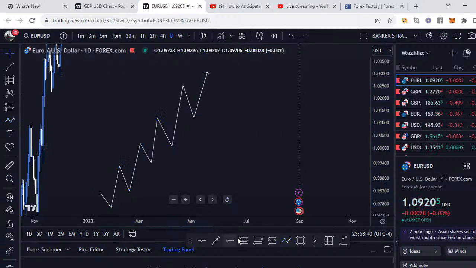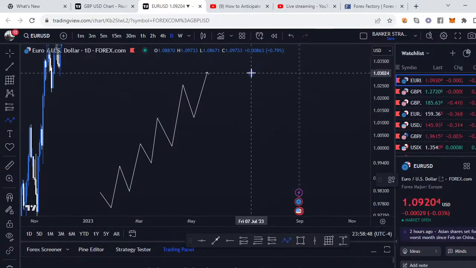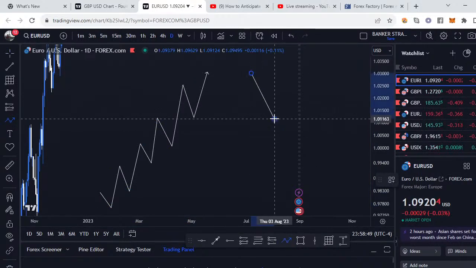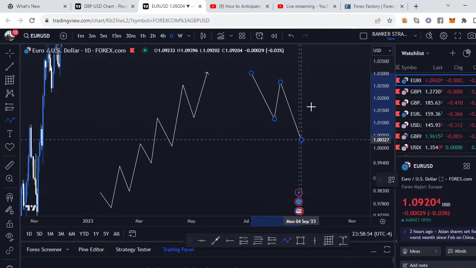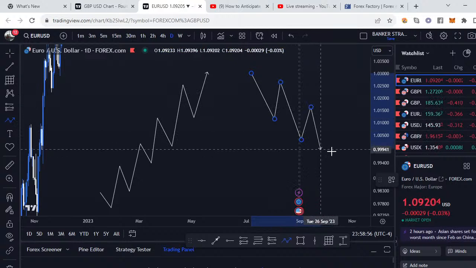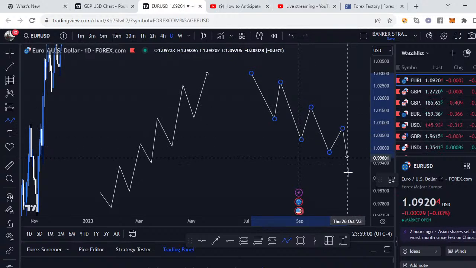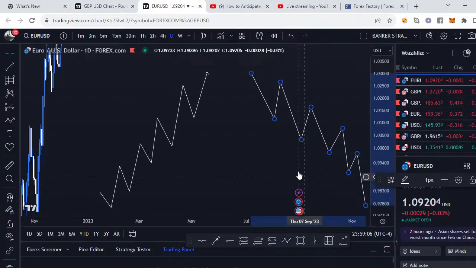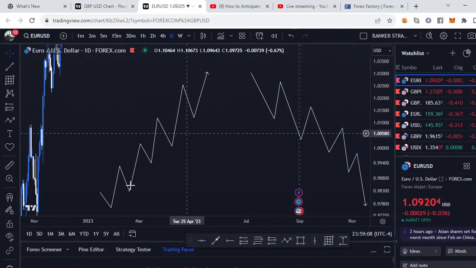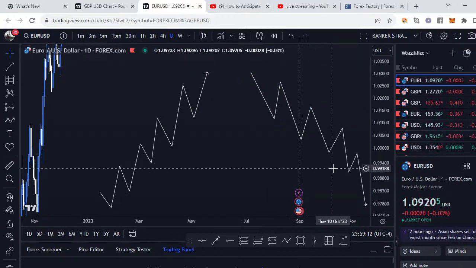When the market is going down, the market will move like this. This is an uptrend. This is a downtrend.